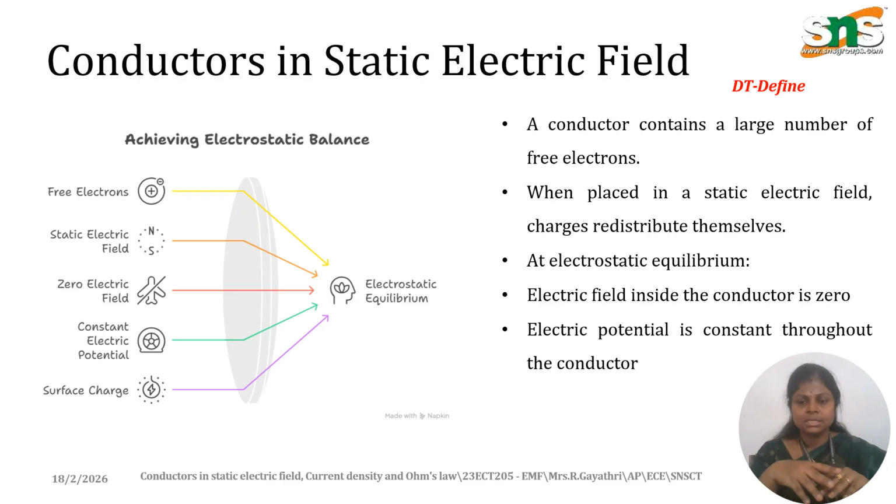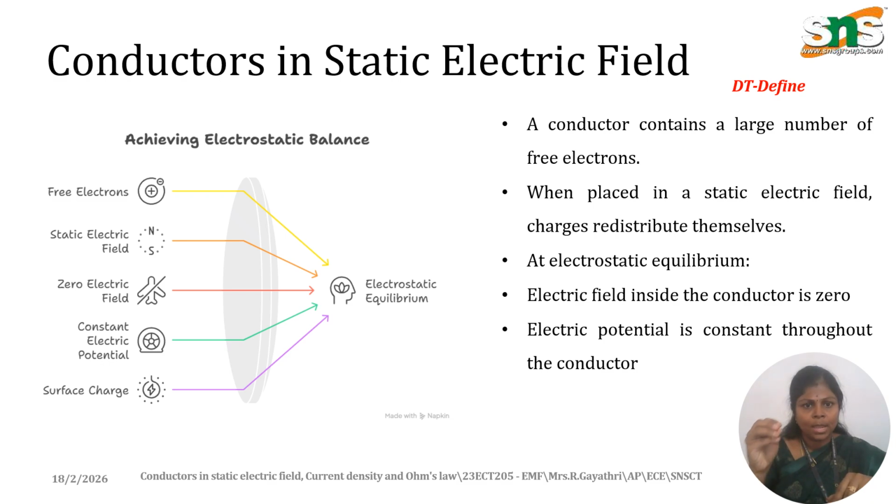When it is placed in a static electric field, the charges redistribute themselves, and at equilibrium in the electrostatic field, the electric field inside the conductor will be 0, and the electric potential will be constant throughout the conductor, and there will be a surface charge distribution on the conductor.